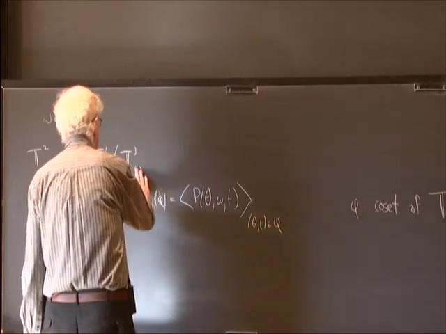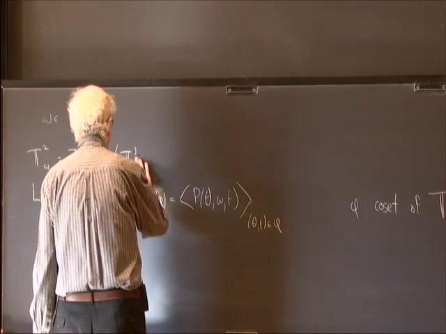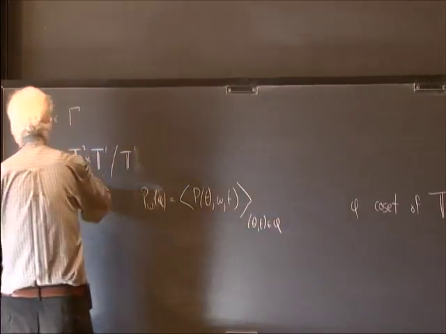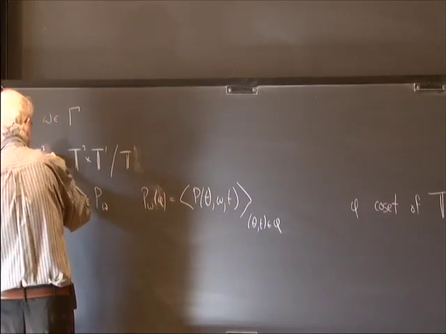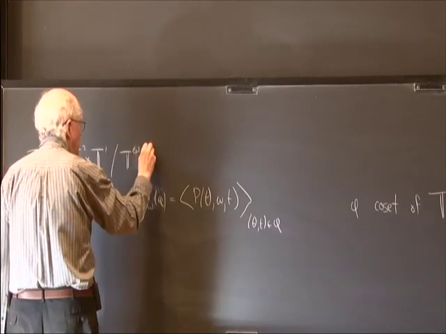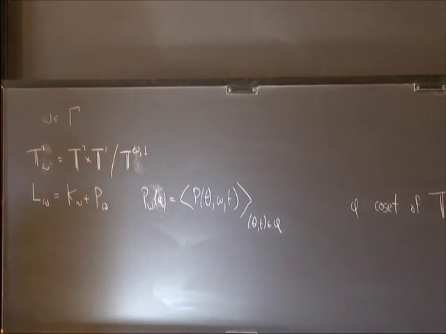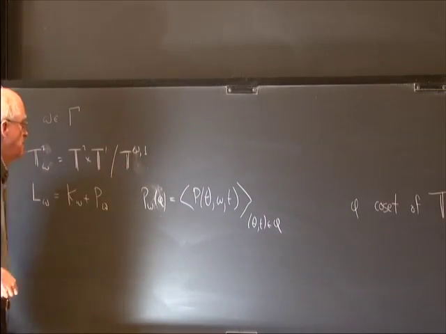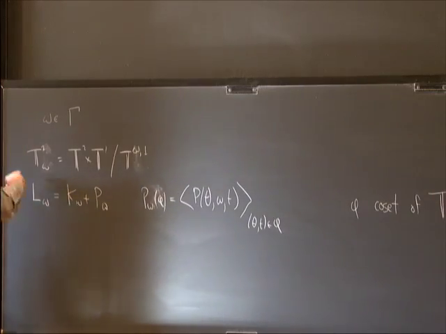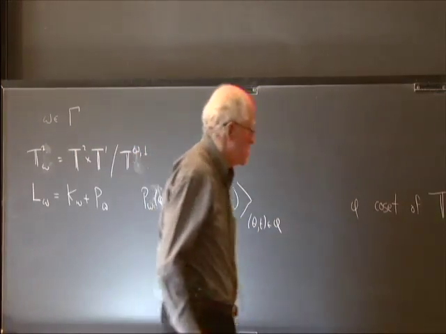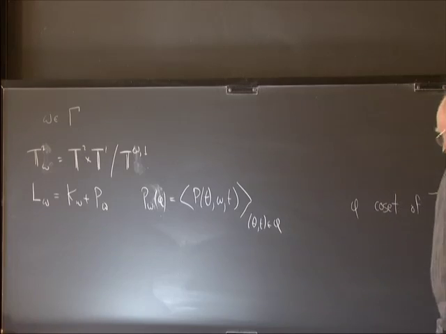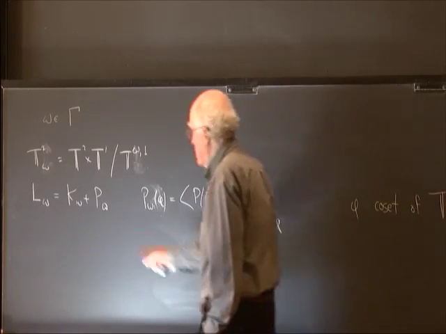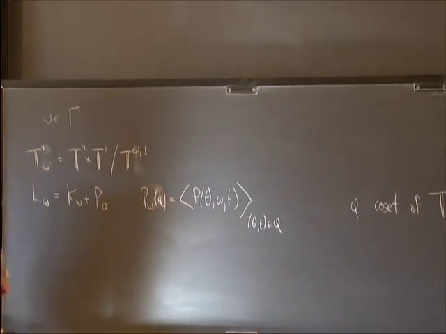And this is, let's see, T2 omega, T omega 1. I think that's the notation I use. So I have the subgroup of T2 cross T, which is T omega 1, and I take the quotient group, and then I define a Lagrangian on the tangent space of this. This is the state space for the Lagrangian.